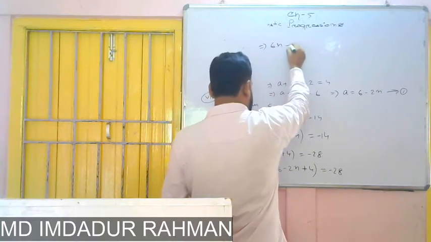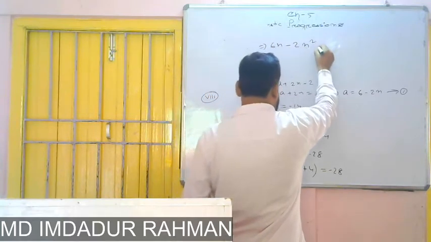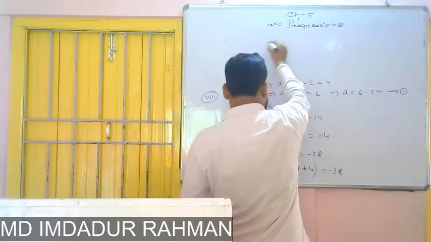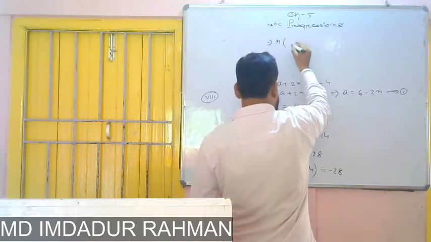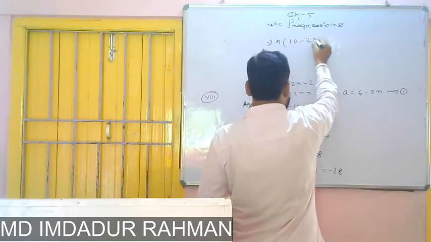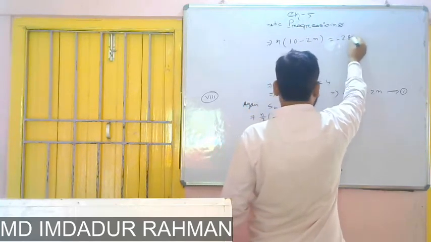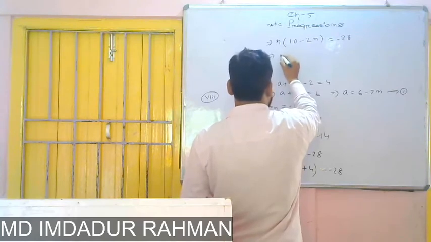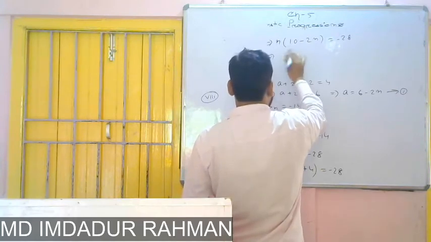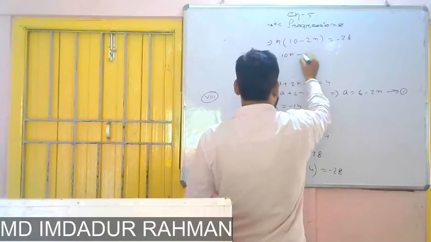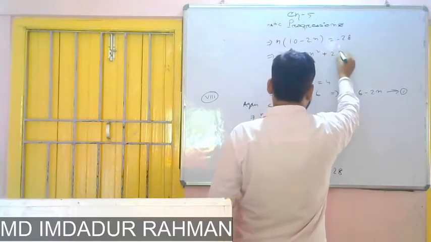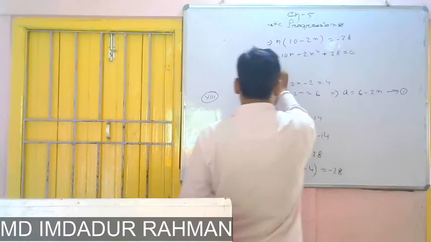Six n minus 2n square plus 4n, implies n into 10 minus twice n is equal to minus 28, implies 10n minus 2n square plus 28 is equal to 0.